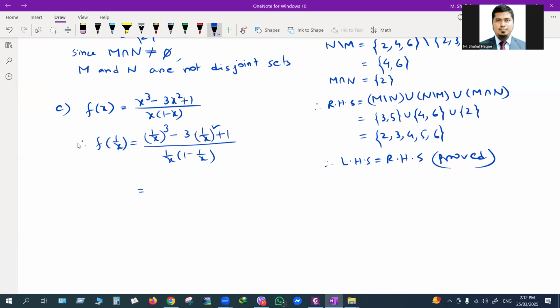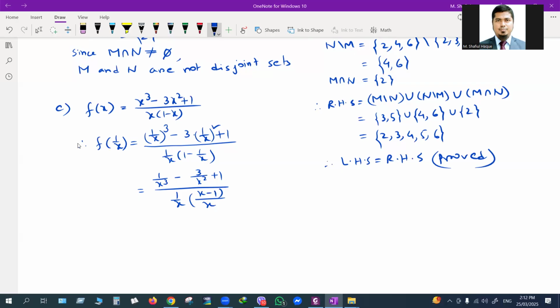Next, in the bracket, the LCM of x and 1 is x. So the denominator is 1, x divided by 1 is x.